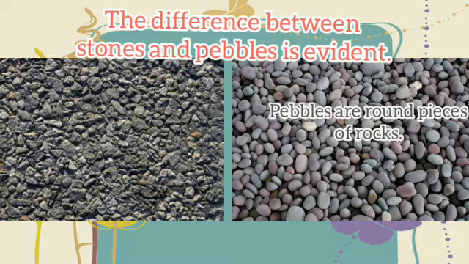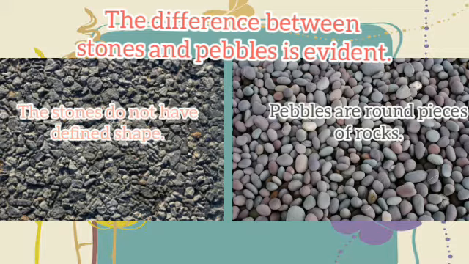But on the other hand, the stones, when you look at the stones, they do not have a defined shape. This means that the stones are of different shapes. They are not particularly round. They can be of different shapes. And when we touch them, the stones are rough. So this is the most basic difference between a pebble and a stone.